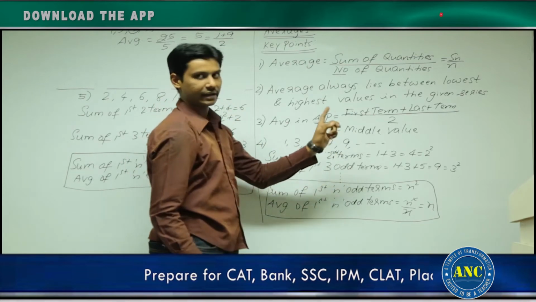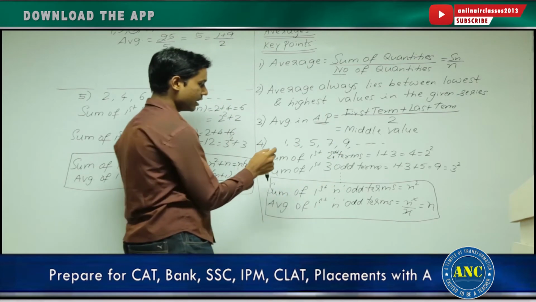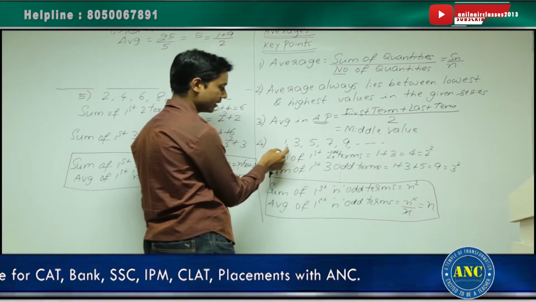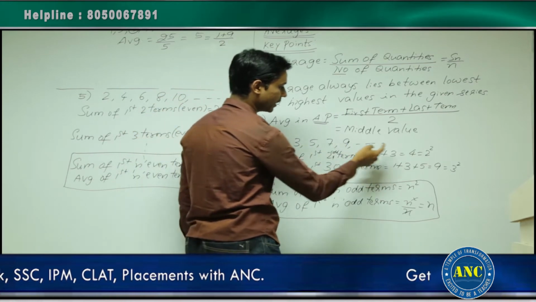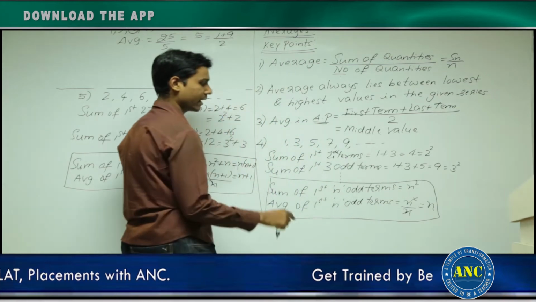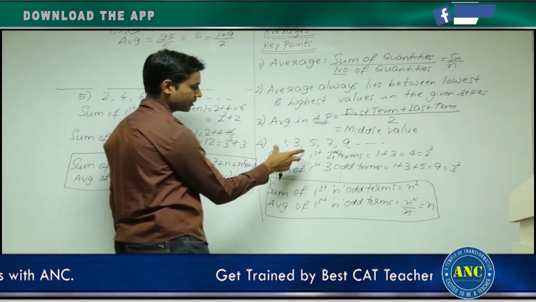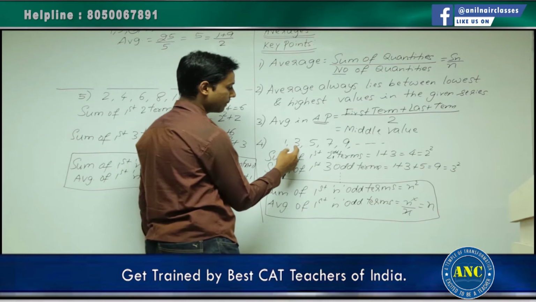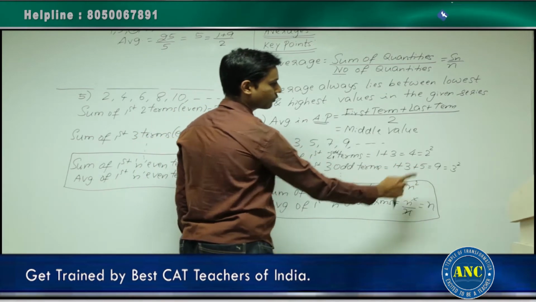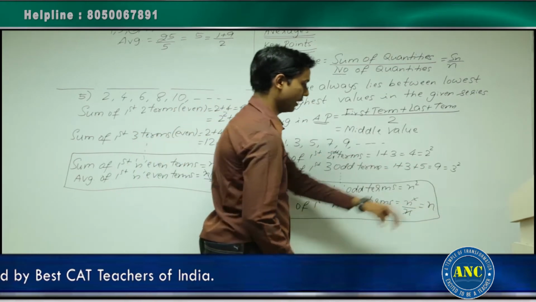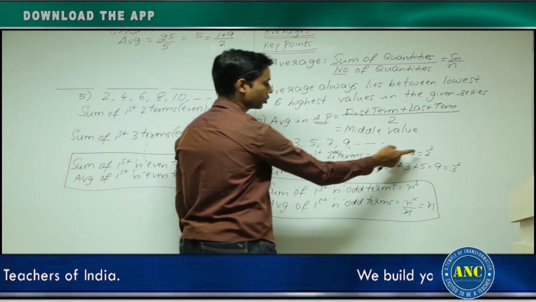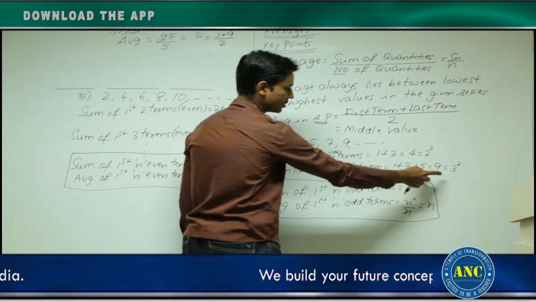Now, this is an odd number series. 1, 3, 5, 7, 9, etc. It is an odd number series. If I take the first two terms and add it, sum of first two terms is 1 plus 3. I can write it as 4. 4 I can write it as 2 square. Similarly, sum of first three terms is 1 plus 3 plus 5. 1 plus 3 plus 5 is 9. I can write it as 3 square. Sum of first two terms is 2 square. Sum of first three terms is 3 square.